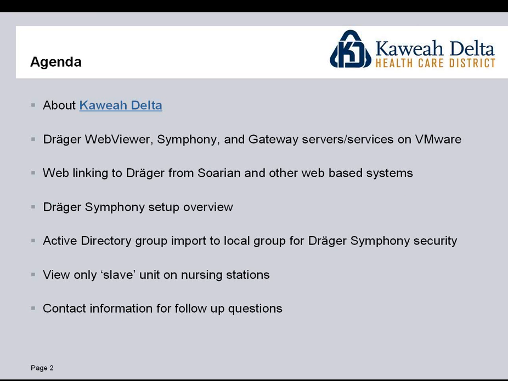We have it linked out of our emergency system. Also the Symphony, which lets you view history and some other things that aren't available in the real-time view. And then the Active Directory import with Symphony: how can you use your existing Active Directory structure for authentication for your nurses and your doctors.